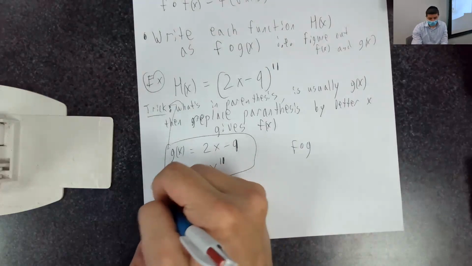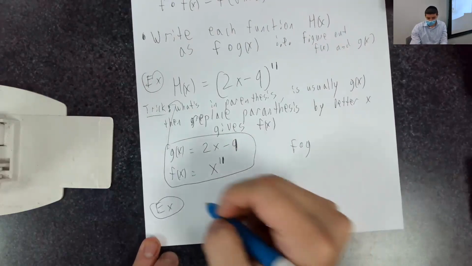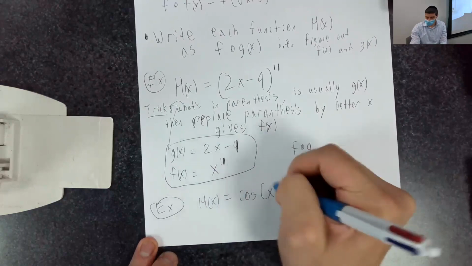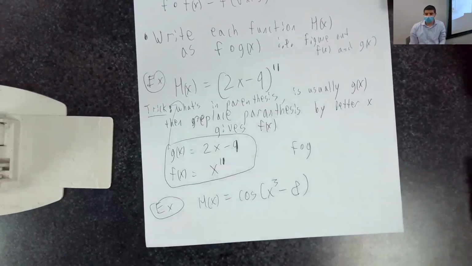Let's do another example. h of x is equal to cosine of x cubed minus 8. Figure out what's inside, figure out what's outside.